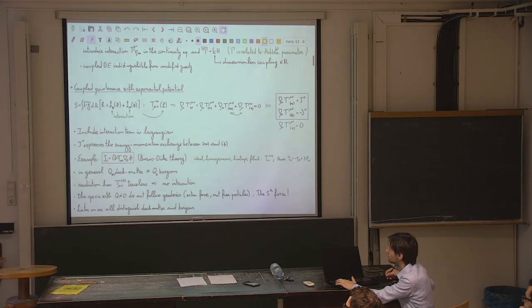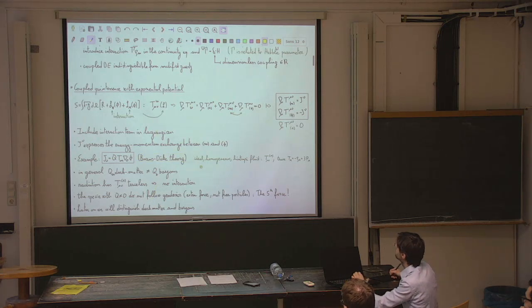This sort of coupling is inspired by Brans-Dicke theories that we are going to see also in the next lectures, so we will see why this term comes about. In any case, for now we just start by assuming this coupling.